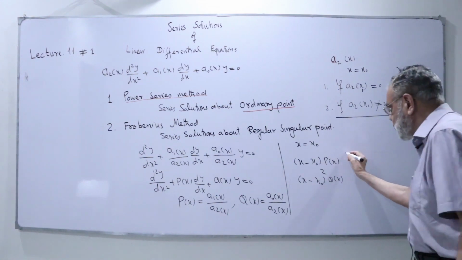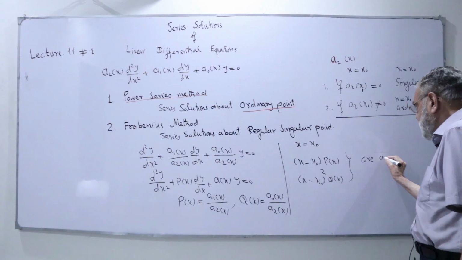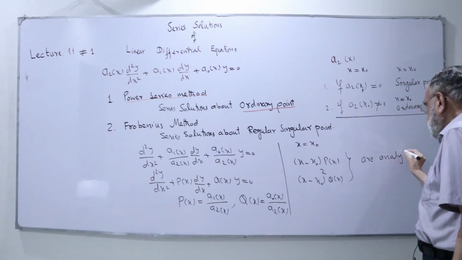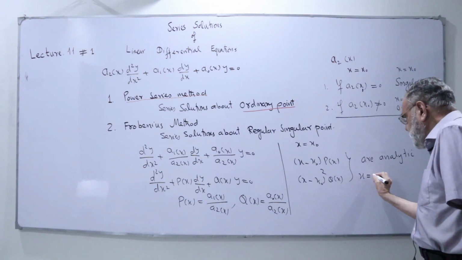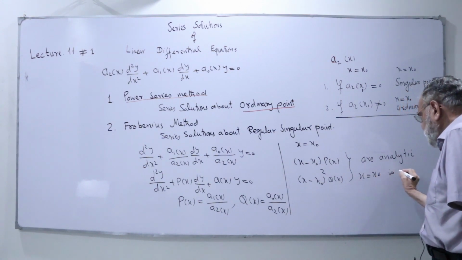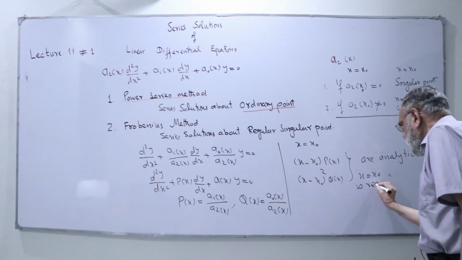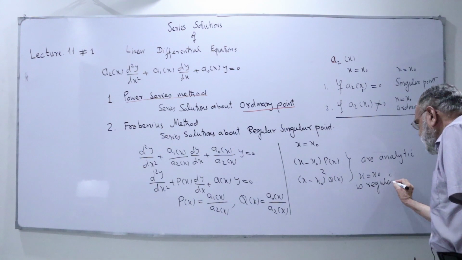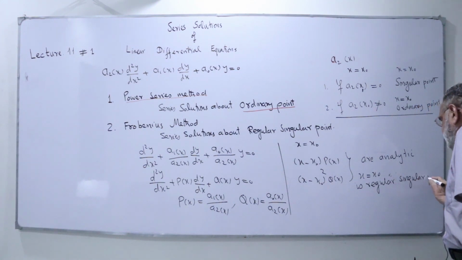Now we will check these two. If both of these are analytic, then we say that the point x equal to x0 is a regular singular point.